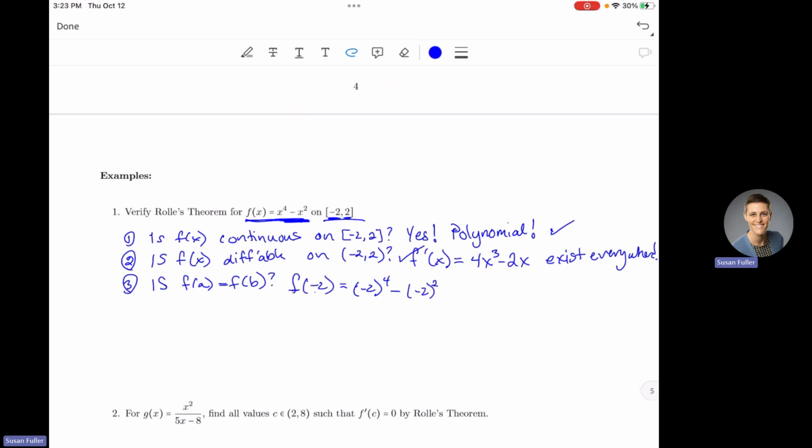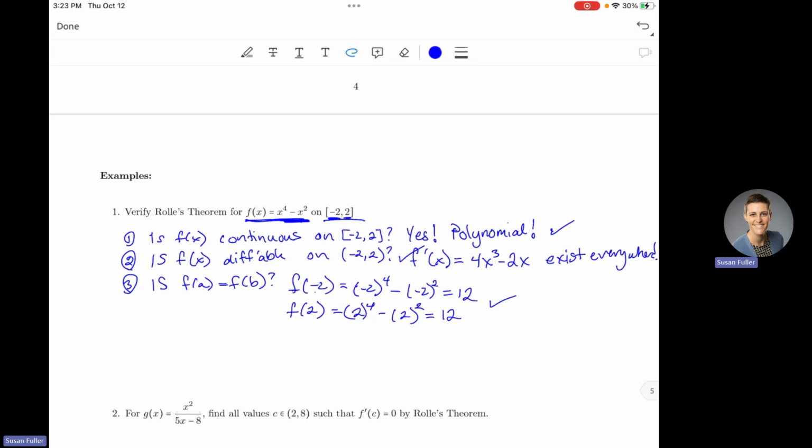And when I plug that in, I'm going to get 16 minus 4, which is 12. I'm going to do the same thing with my b value. I'm going to plug in a +2 here. I'm going to get 2 to the fourth minus 2 squared. And again, I'm going to get 16 minus 4. That's still 12. These are, in fact, equal. So I've checked all three boxes.